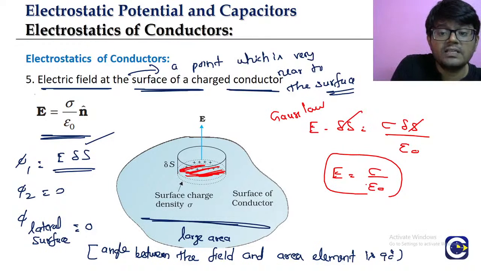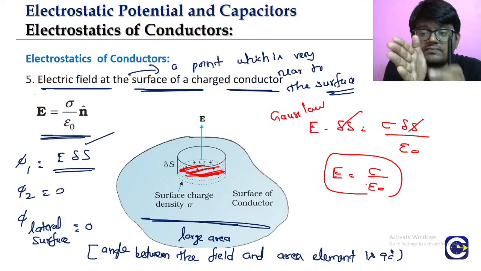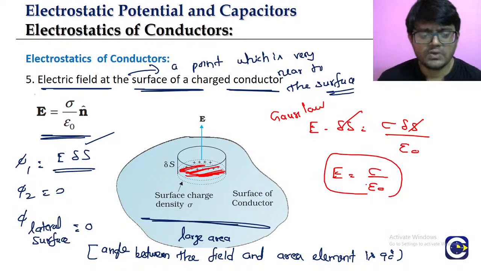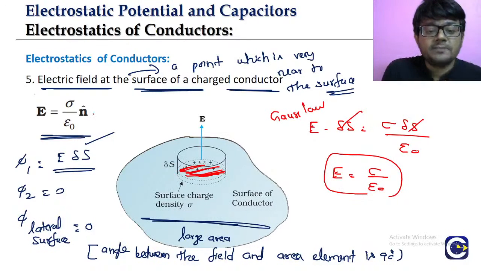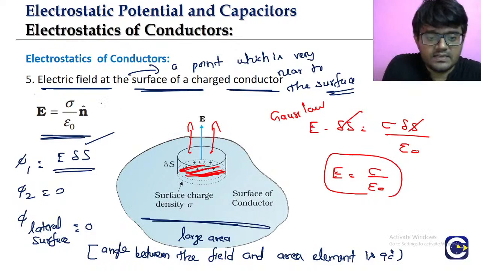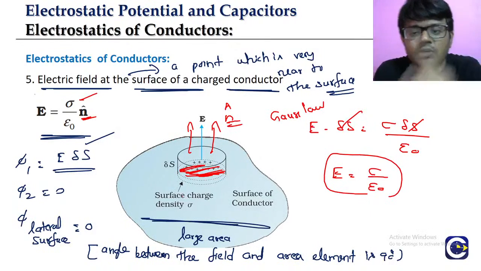Same result as the large conducting sheet. How does this result come? Because when we take the point very very close to that surface, the surface will look like a very large surface, that's all. We have to understand one thing about direction: it will be perpendicular to the surface. The n cap represents the unit vector perpendicular to the surface.